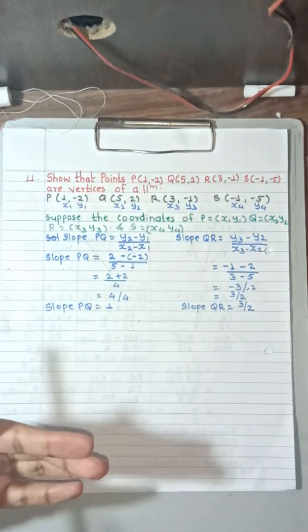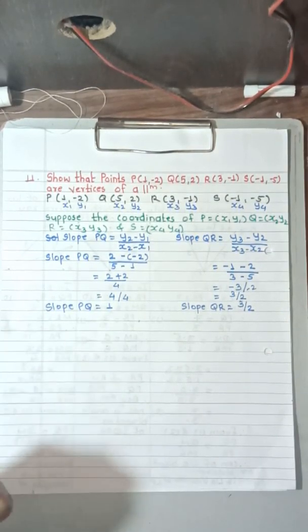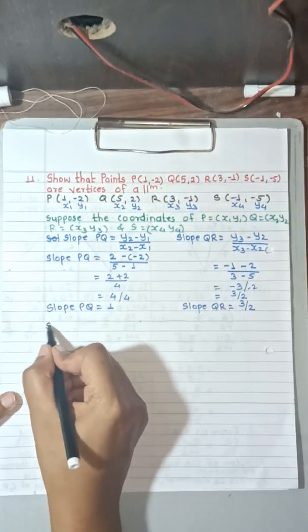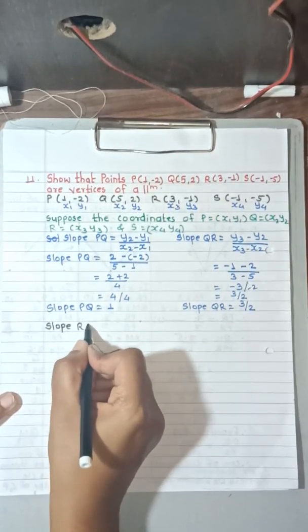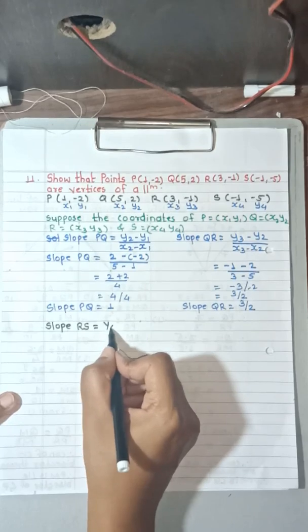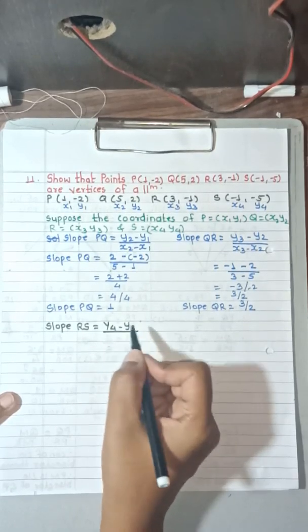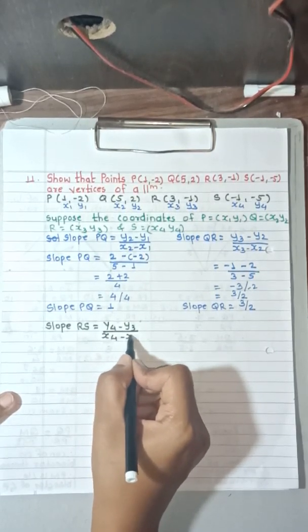Now we'll find out slope RS. Slope RS is equal to y4 minus y3 upon x4 minus x3.